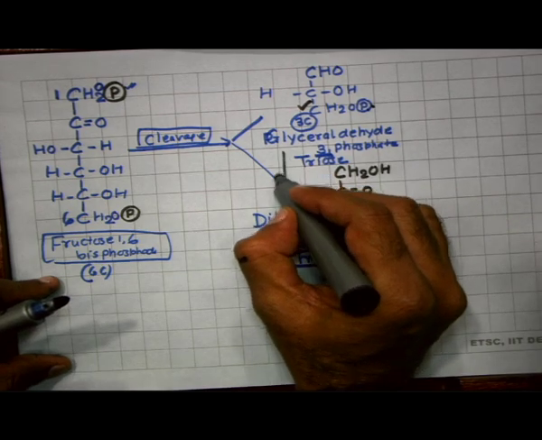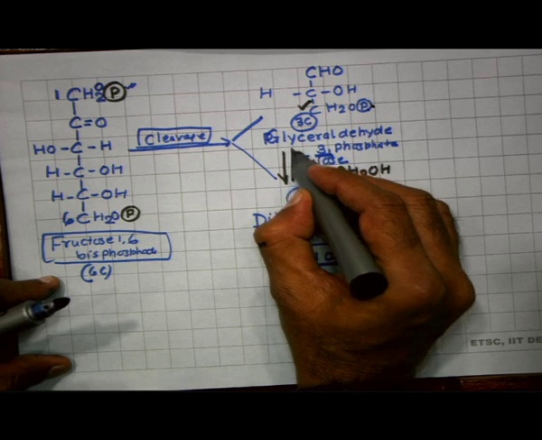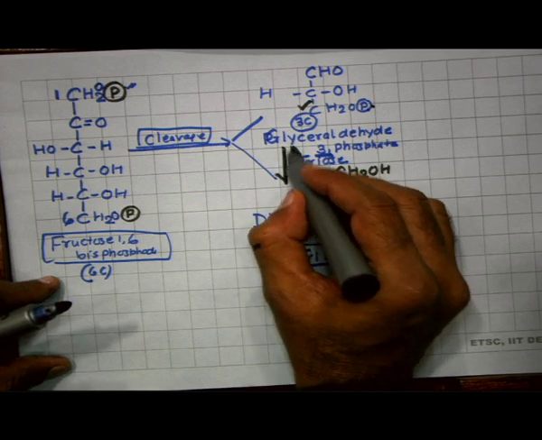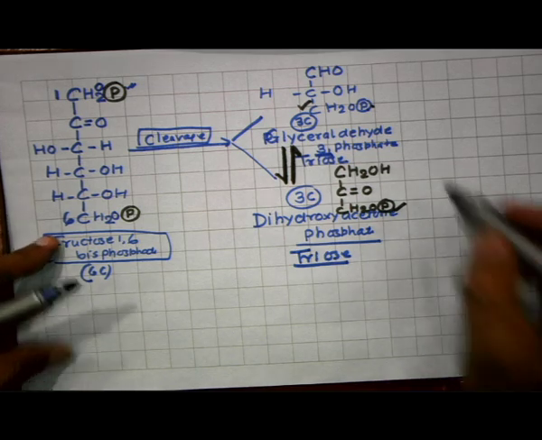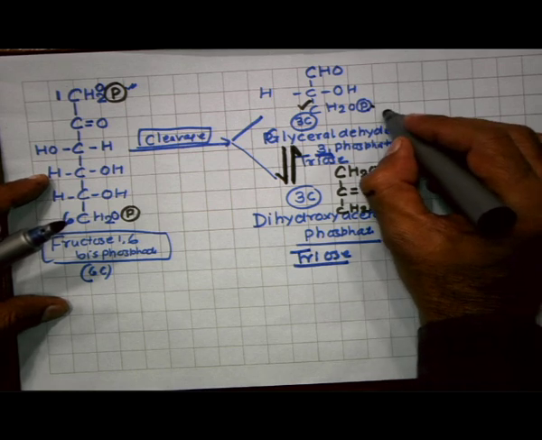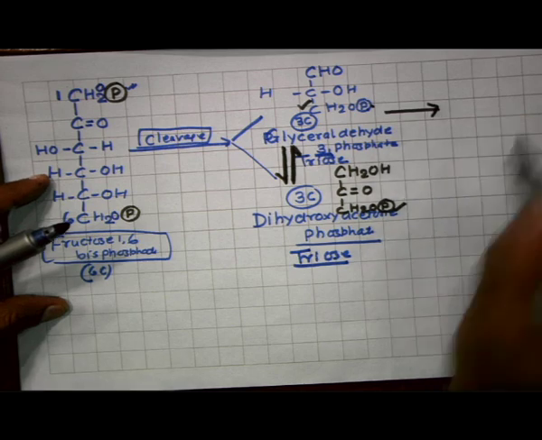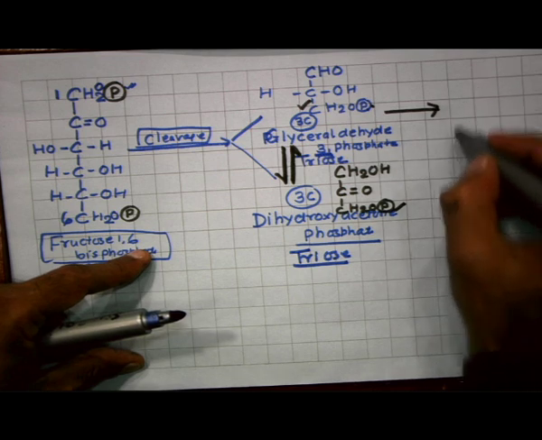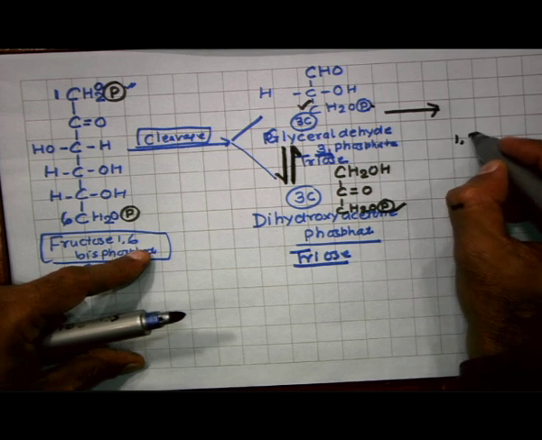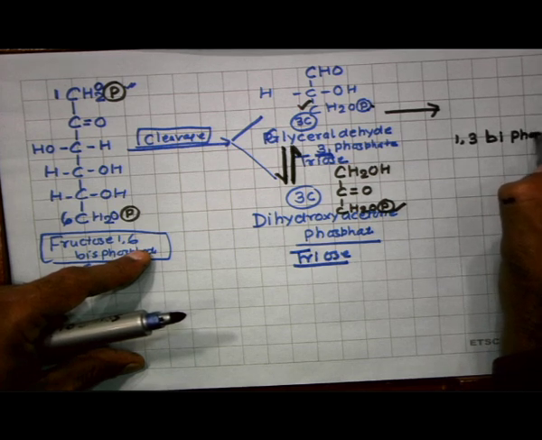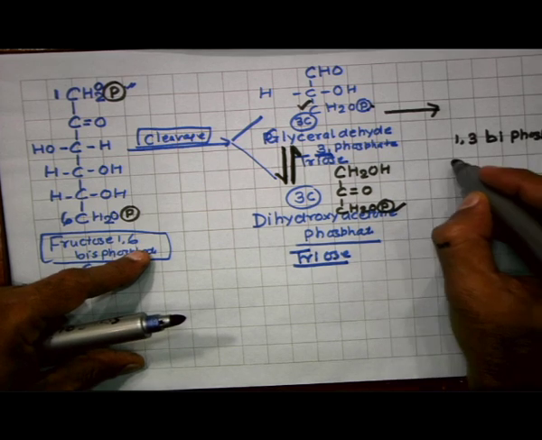Now, these two are easily interconvertible; it can easily convert from one form to the other. After that, this glyceraldehyde molecule goes on to the further reaction, forming 1,3 bisphosphoglycerate.